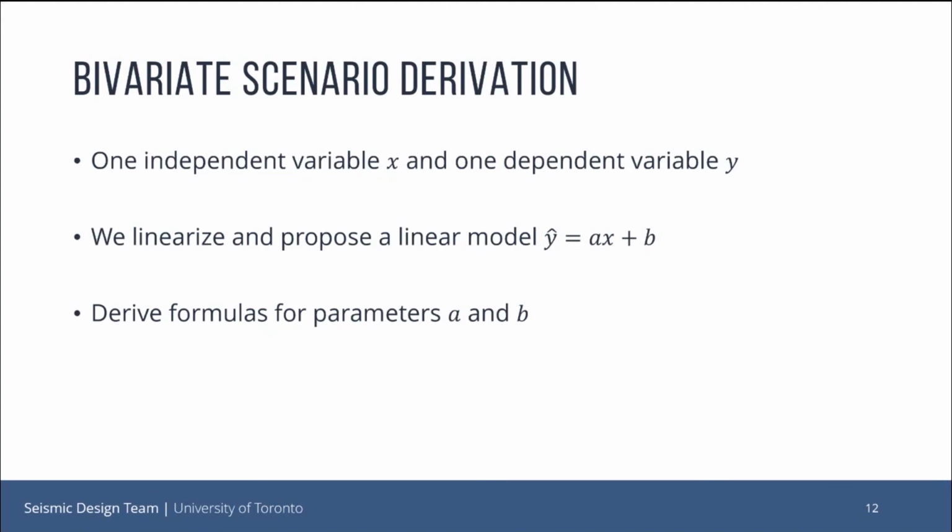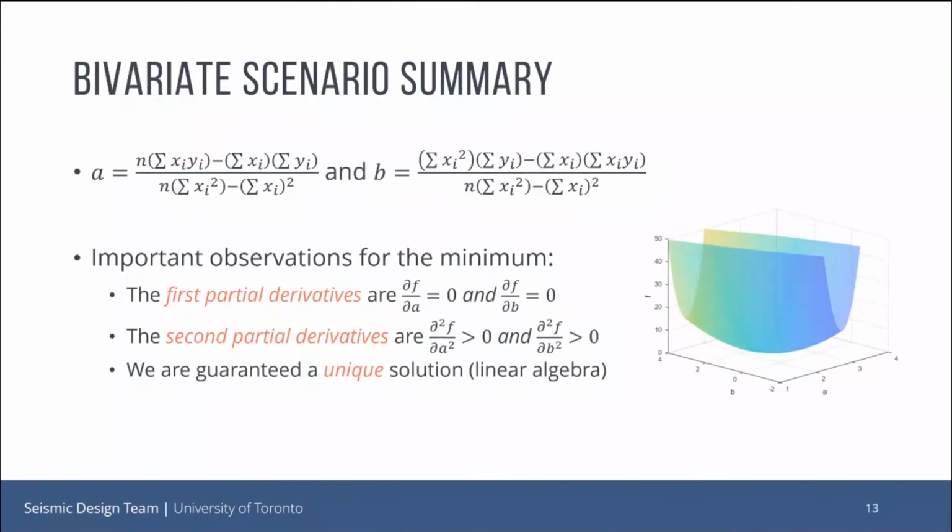All right, so from that derivation, you saw what we did. This is going to be a summary of that. You'll see over here on the right, this is a nice image that was plotted in MATLAB. And you can very clearly see what I was trying to get at with the idea of a valley.